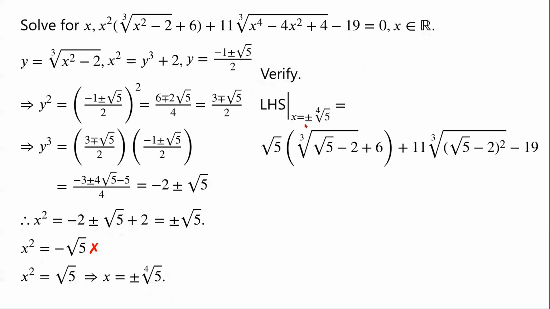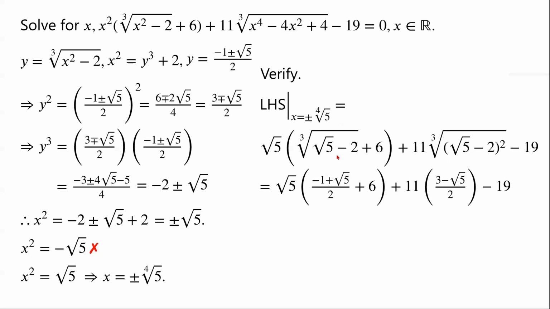When x equals plus or minus the fourth root of 5, the left-hand side of the given equation is equal to root 5 times the cube root of (root 5 minus 2), plus 6, plus 11 times the cube root of (root 5 minus 2) all squared, minus 19. Since x squared is equal to root 5, (x squared minus 2) all squared can be written as (root 5 minus 2) all squared.